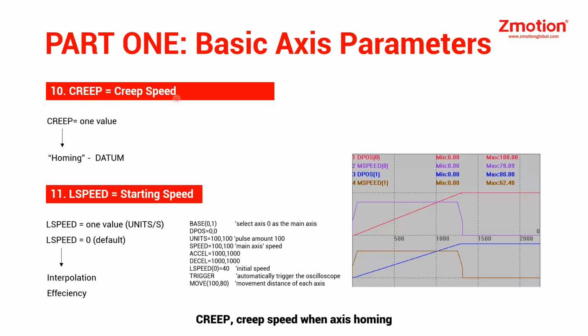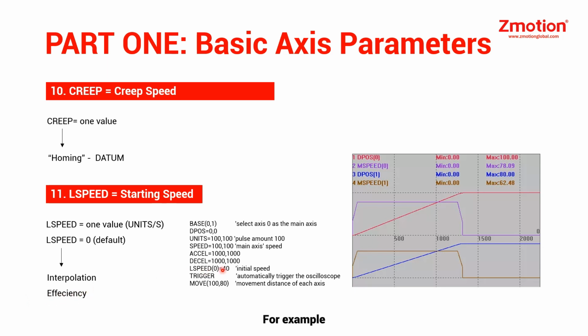Creep speed when axis homing, used for origin finding. Please refer to the data command behind. Speed, axis starting speed, is also the end speed. Default is 0. When there is multi-axis motion, after setting it for the main axis, it can be the starting speed for interpolation motion, usually used for applications that need efficiency.